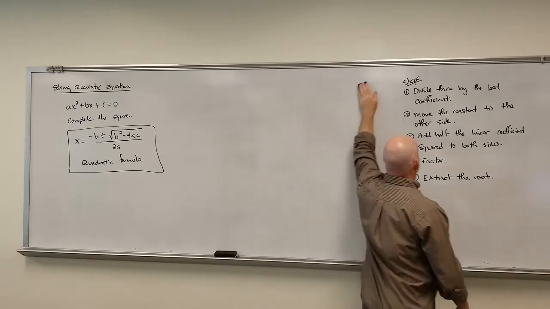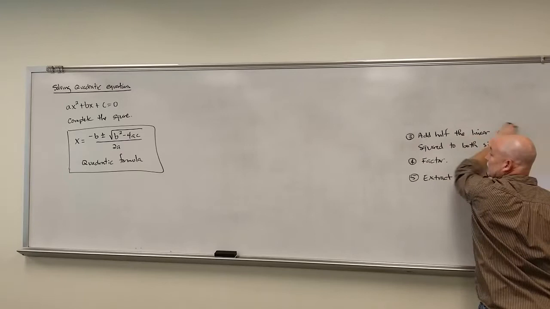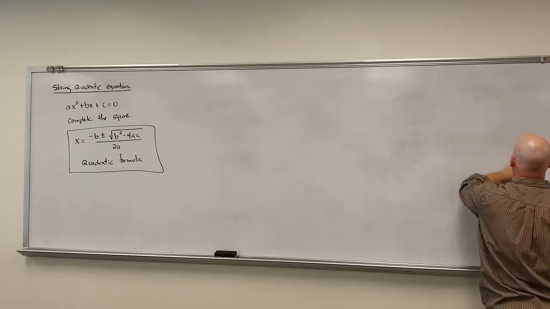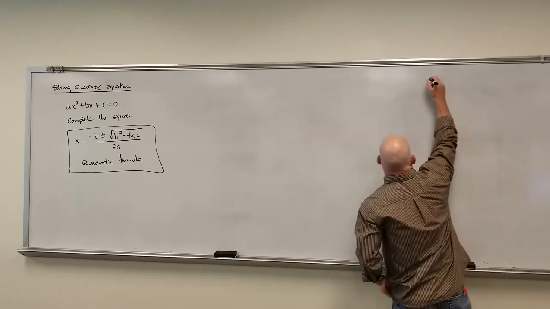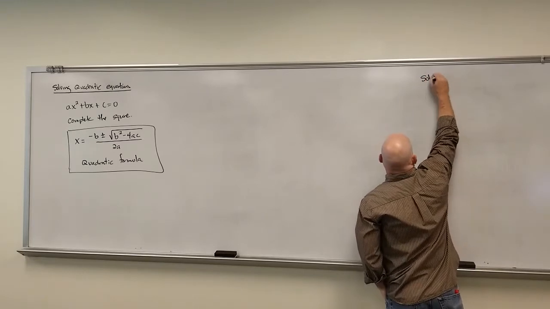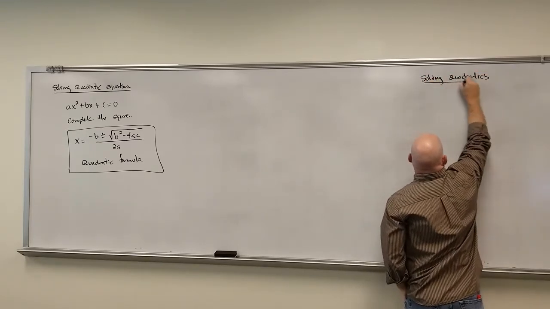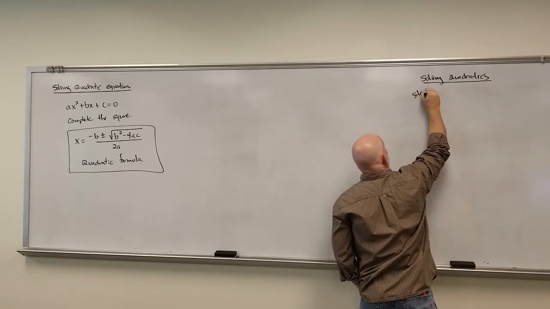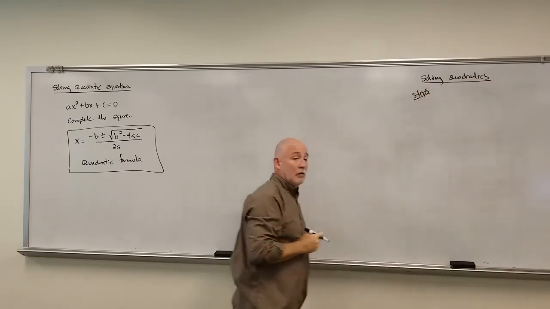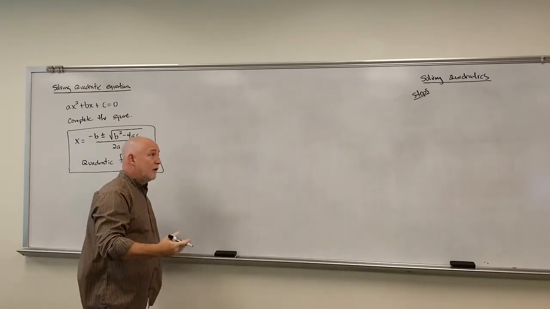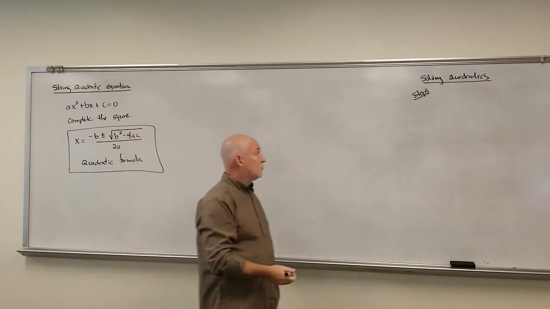I'm actually going to come over here now. Now that we've seen all of our methods, we haven't seen an example of this. We've kind of talked about these as we've gone through, but now that we've seen all our methods, anytime you see a quadratic, here's what you're going to want to do.